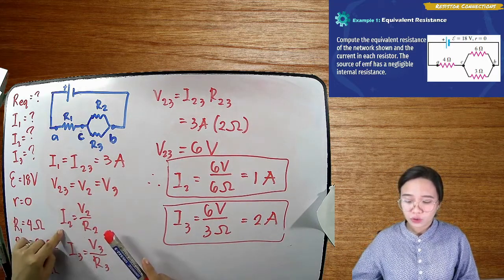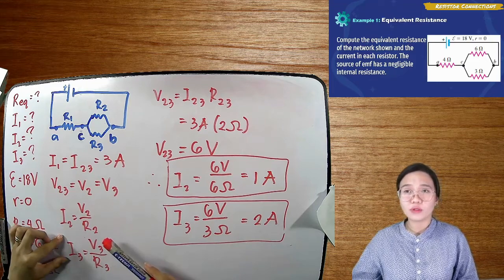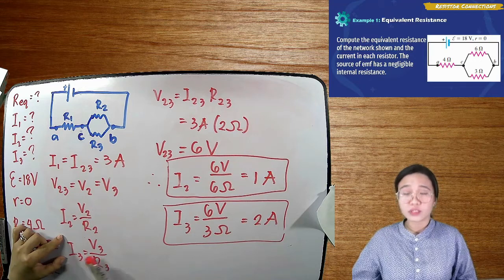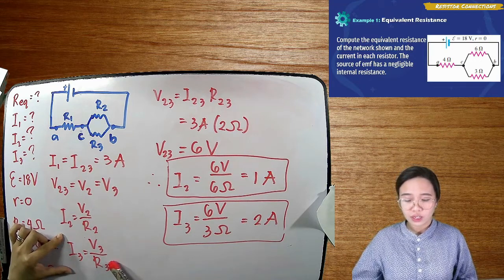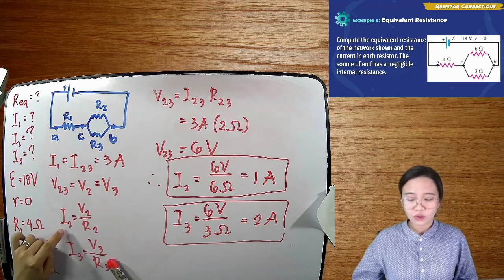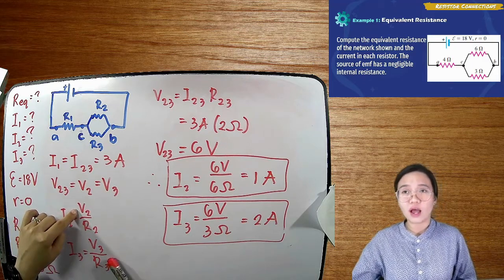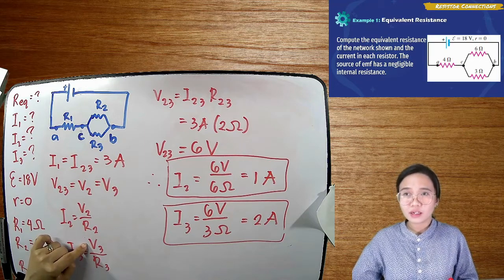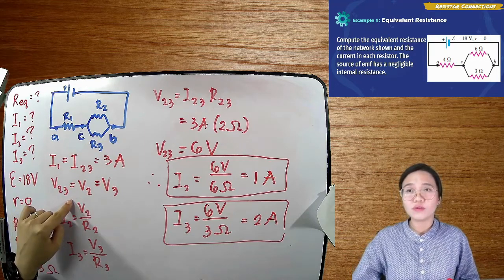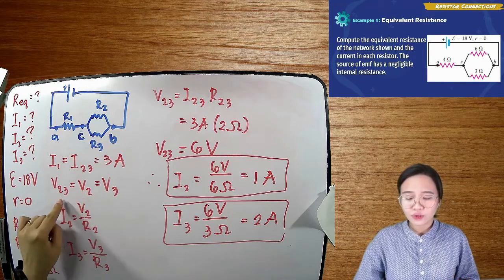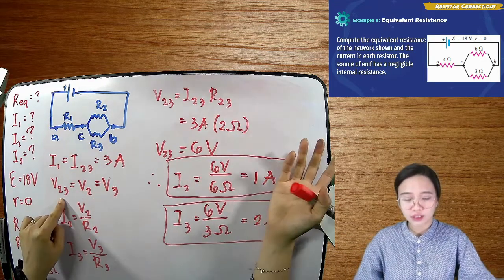So to solve for I2 and I3, we will use Ohm's law. For I2, of course, you will use the V2 and R2, and for I3 the V3 and the R3. We don't have yet the V2, so we cannot solve I2 since we also have an unknown V2 and an unknown V3. But as shown here, V23 is equal to V2 and V3, and your V23 can be solved using still Ohm's law.